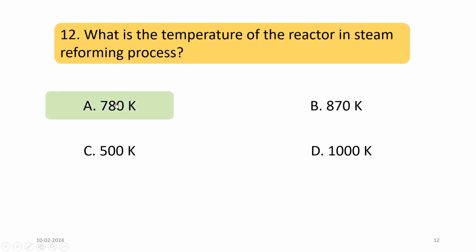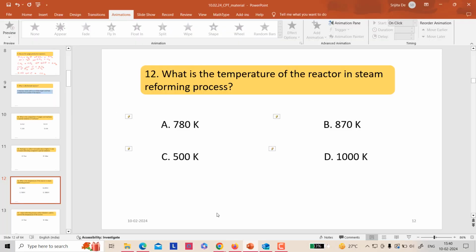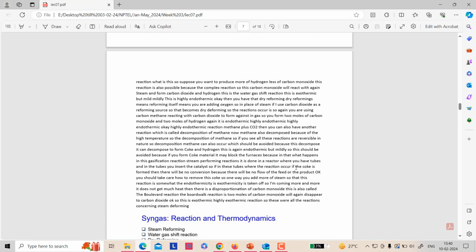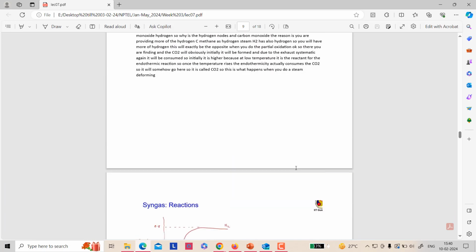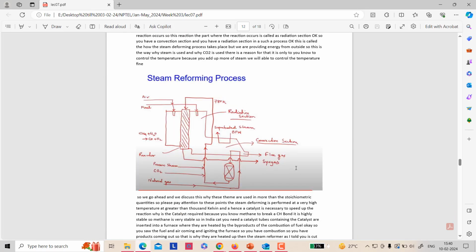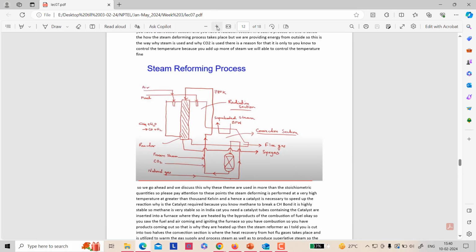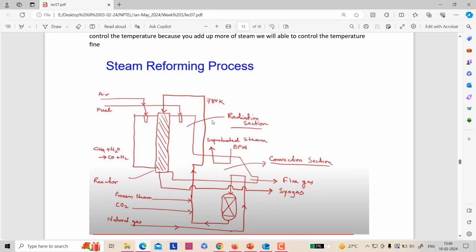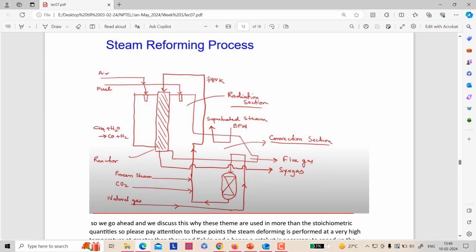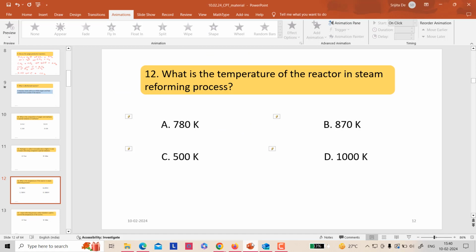Here the temperature is maintained at 780 Kelvin. Sir has taught the flow diagram here. You can see that air and fuel are coming from this side, and this is a reactor. Here the steam reforming reaction happens, and the temperature is maintained around 780 Kelvin. So the answer will be 780 Kelvin.